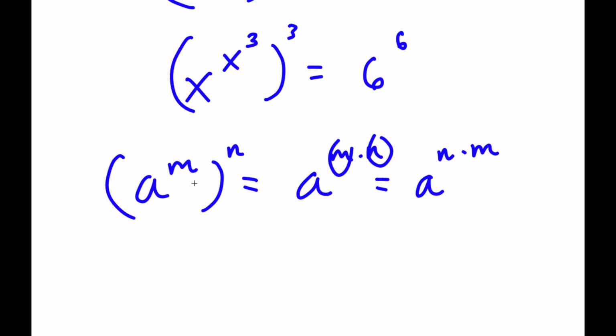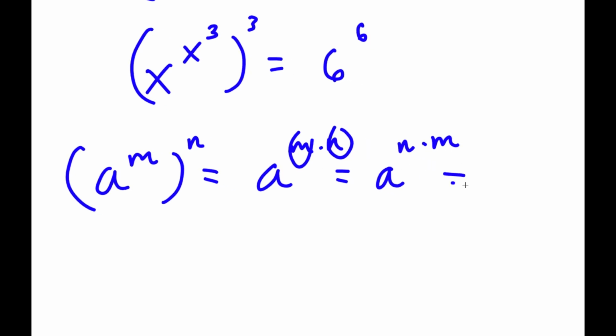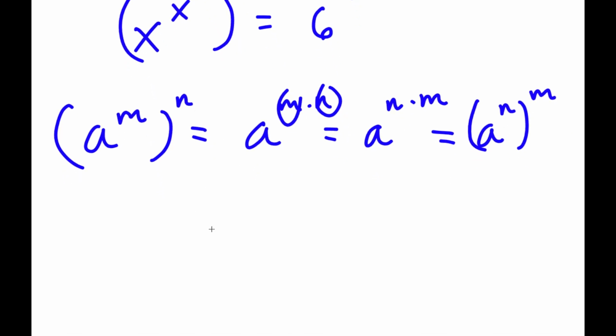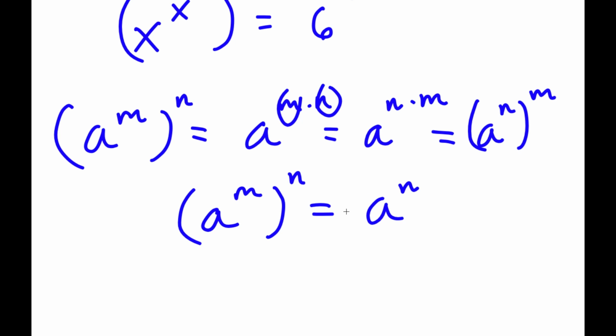Well, if a to the power of m to the power of n is equal to a to the power of m times n, and that's equal to a to the power of n times m, this means that this is also equal to a to the power of n to the power of m. So in simpler terms, a to the power of m to the power of n is the same thing as a to the power of n to the power of m.